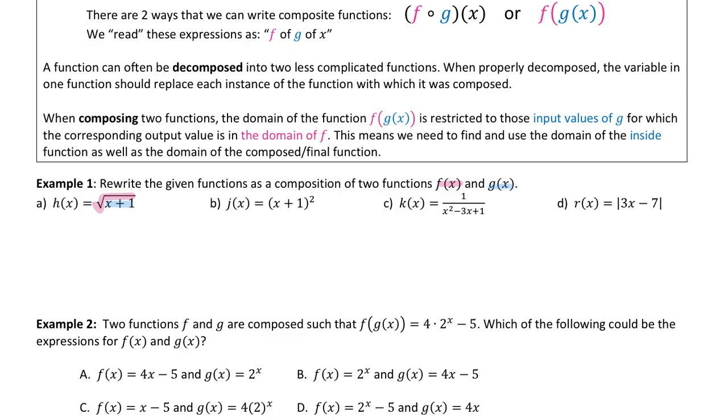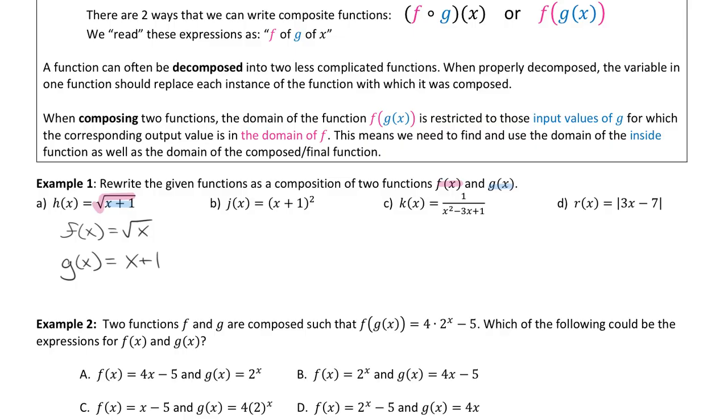We have taken that linear function, the blue one, and we've put it inside the pink square root, which means we can decompose this into two functions, the outside function f of x being the square root of x, and the inside function g of x being x plus 1. So I took the x plus 1 and I put it inside the square root. Do y'all see that?